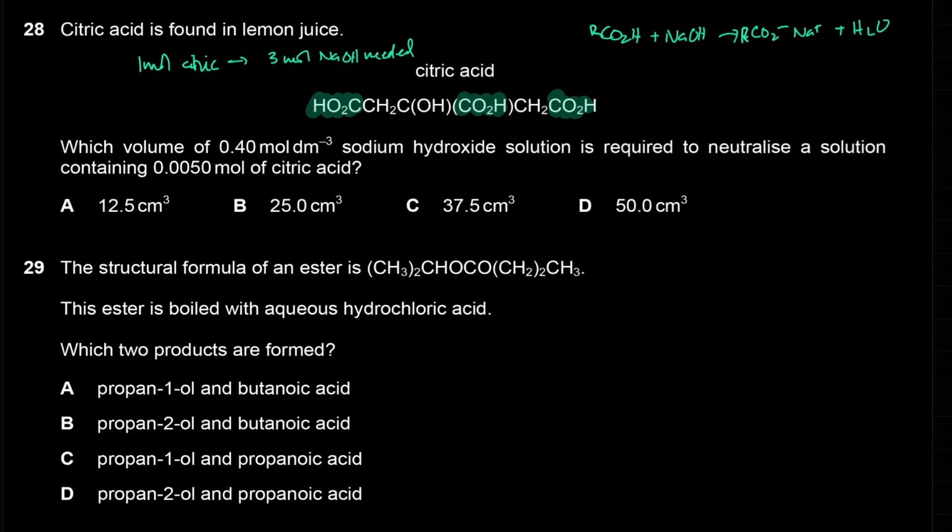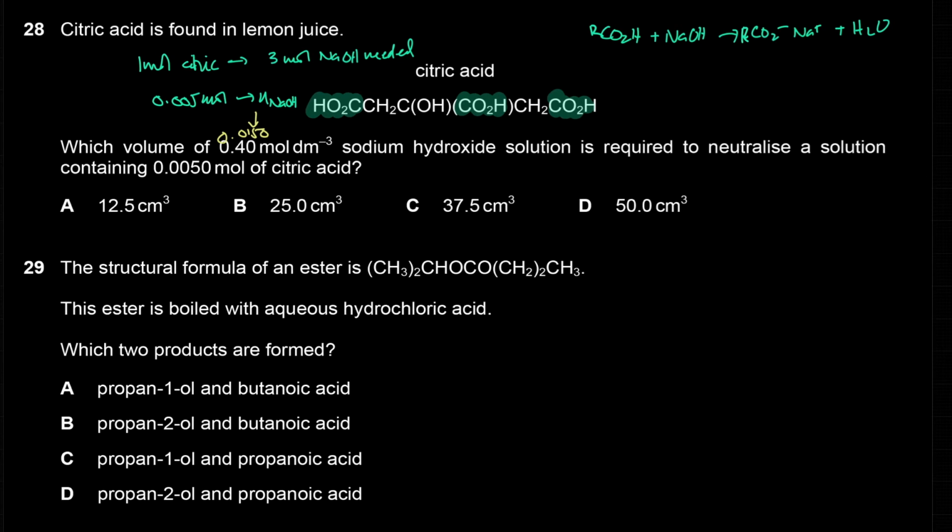So if I have 0.005 moles of citric acid, how many moles of NaOH would I need? I would need 3 times as much, so 0.015 moles of NaOH.